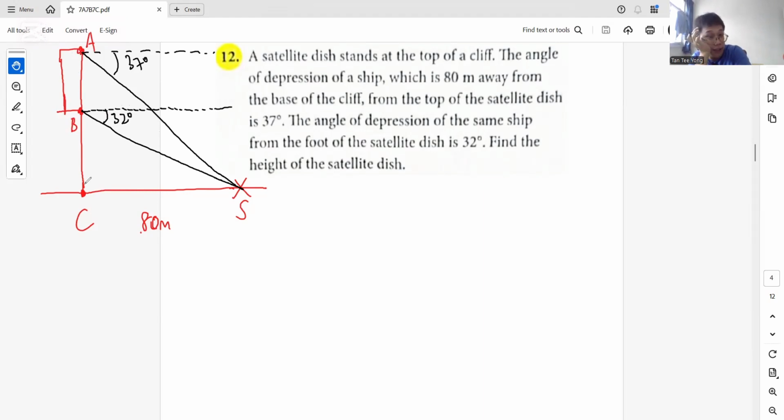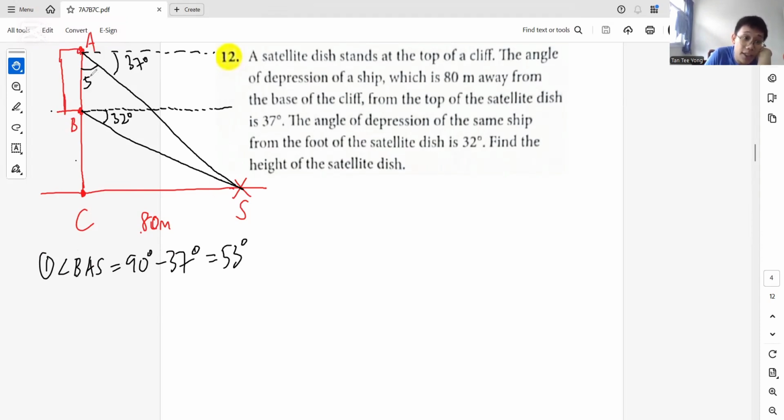We have to find several angles over here, step by step. Number one, angle BAS is 90 degrees minus 37 degrees, which is 53 degrees.